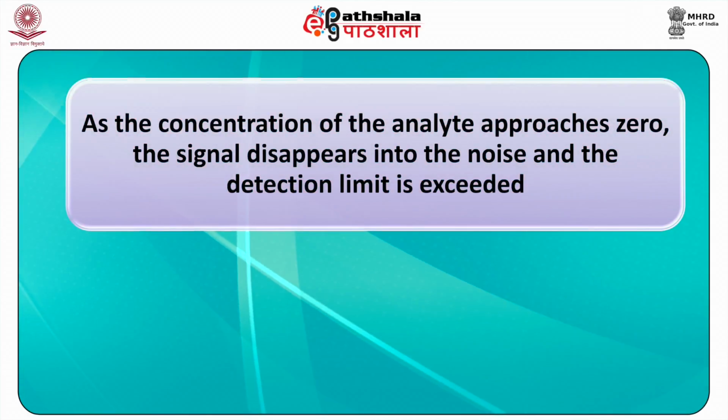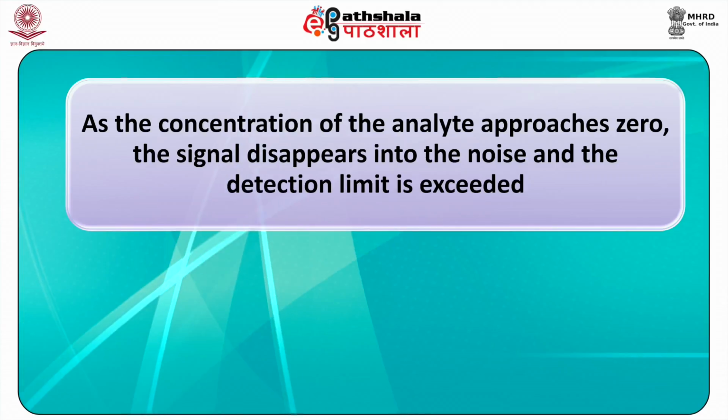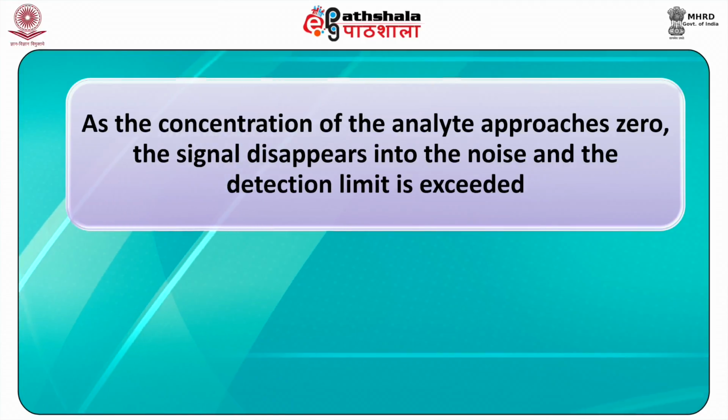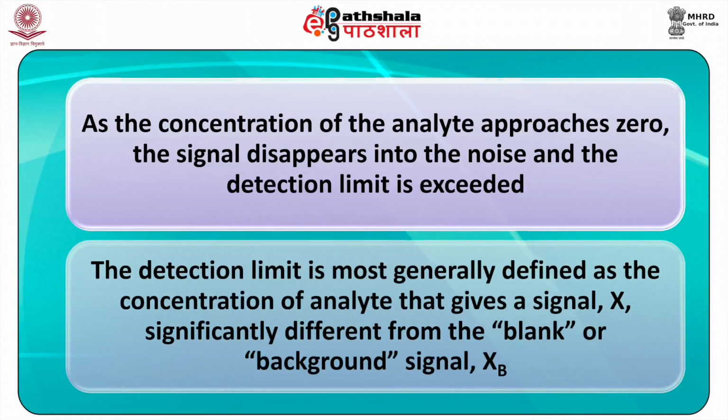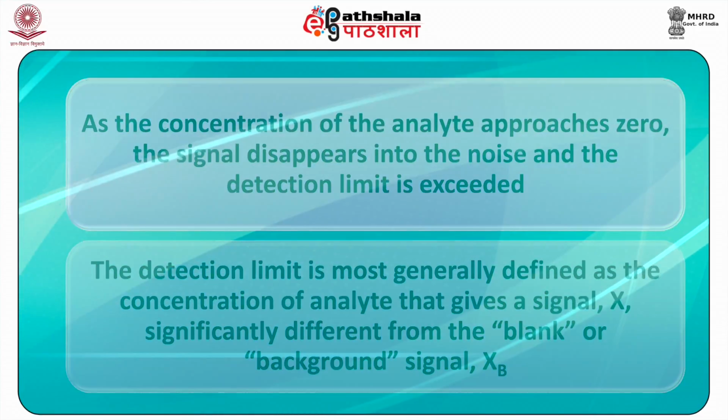As the concentration of the analyte approaches zero, the signal disappears into the noise and the detection limit is reached. The detection limit is most generally defined as the concentration of analyte that gives a signal X significantly different from the blank or background signal XB.